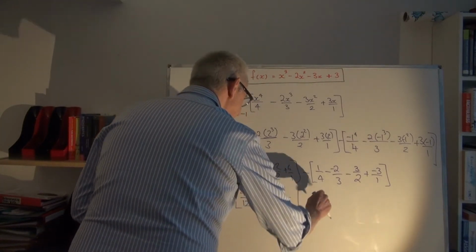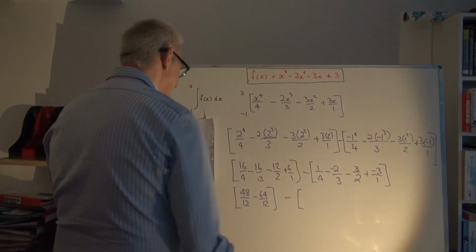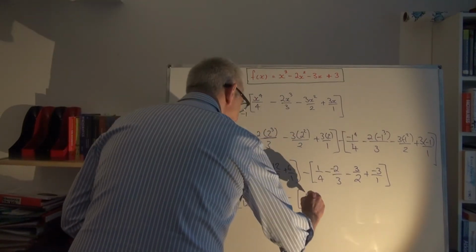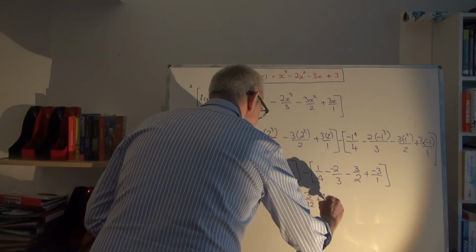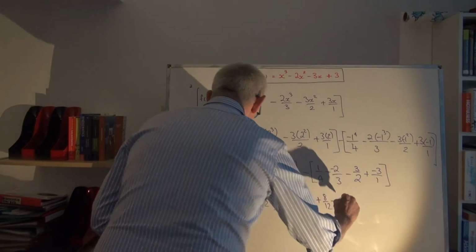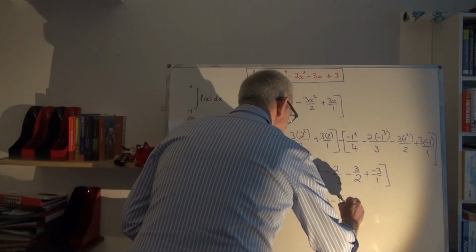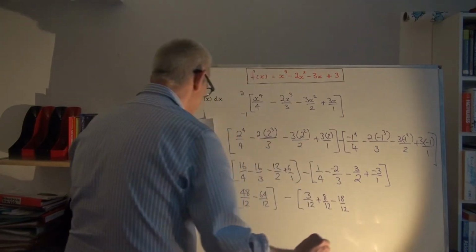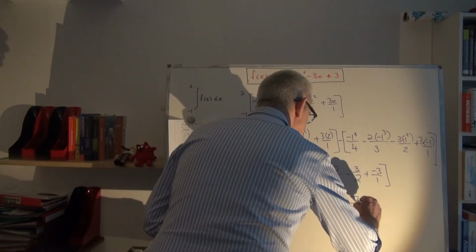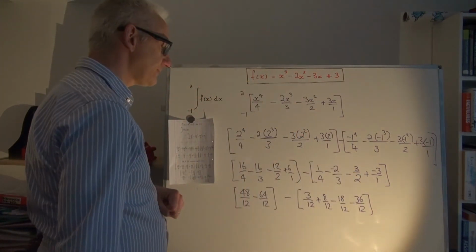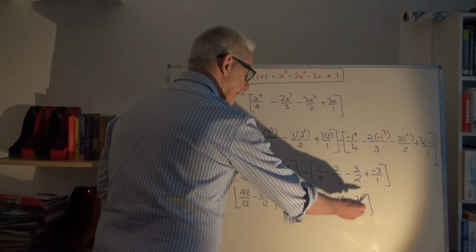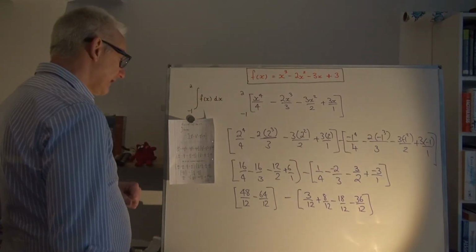Subtract from that the values inside here. Again, I'm going to put them over 12. So that's 3 over 12 plus 8 over 12 minus 18 over 12 minus 36 over 12. That negative sign comes from the minus 3 there.